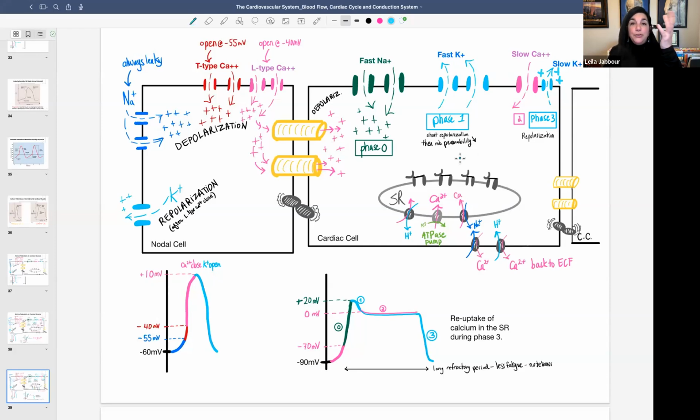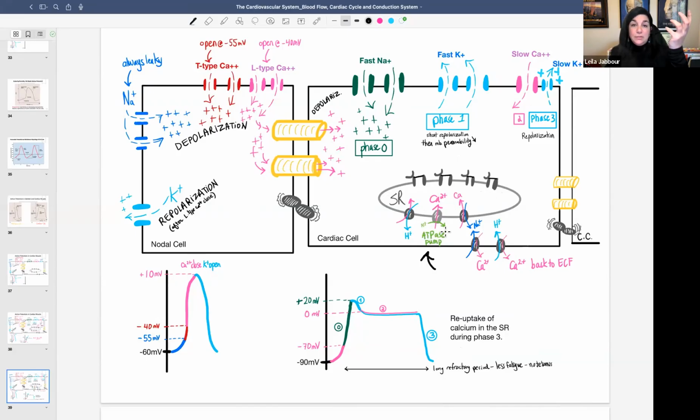What happens to the calcium during that phase? So in phase 3, we're repolarizing the cell. We're also basically cleaning up, we're calling on all the calcium ions to get back to where they came from, which is the SR. So there's three ways of getting rid of calcium from the cell. One is via this ATPase pump.